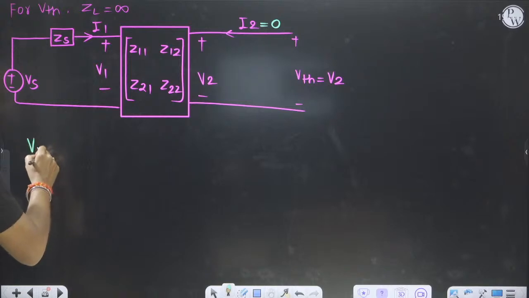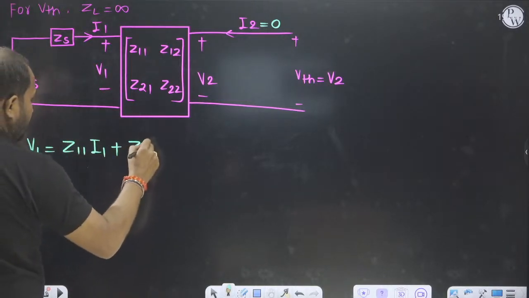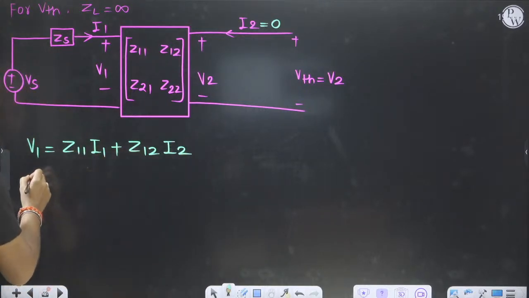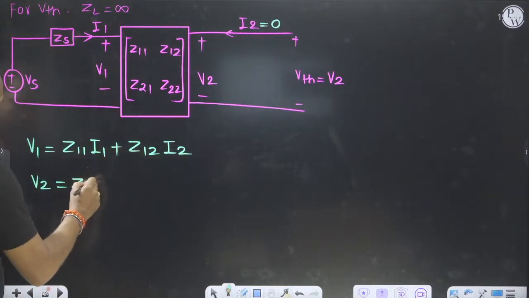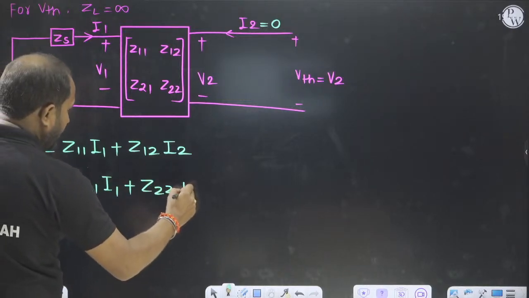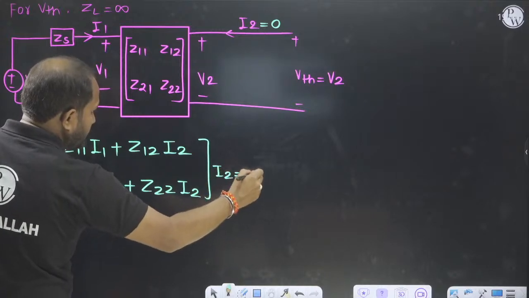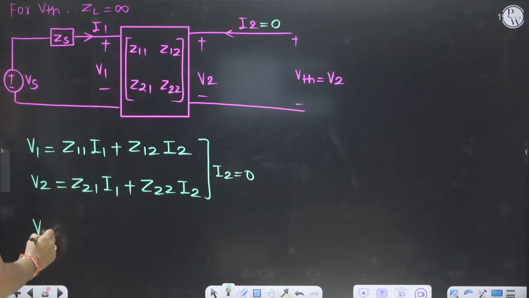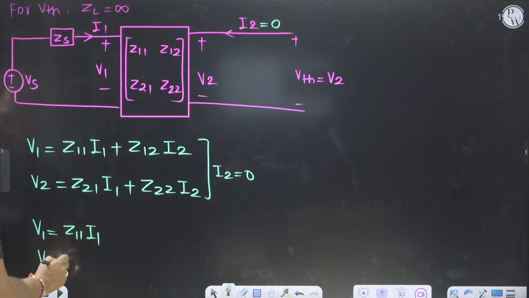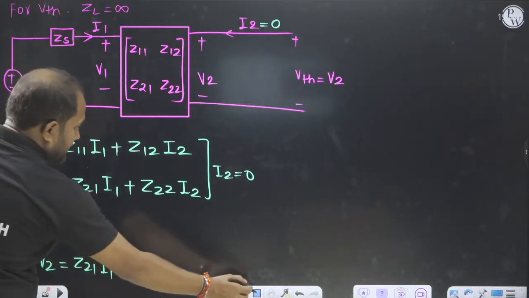V1 is equal to Z11 I1 plus Z12 I2, and V2 is equal to Z21 I1 plus Z22 I2. I'll put I2 equal to 0. So what will be V1? V1 is equal to Z11 I1 and V2 is equal to Z21 I1.